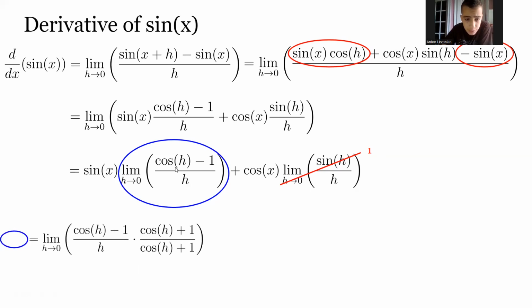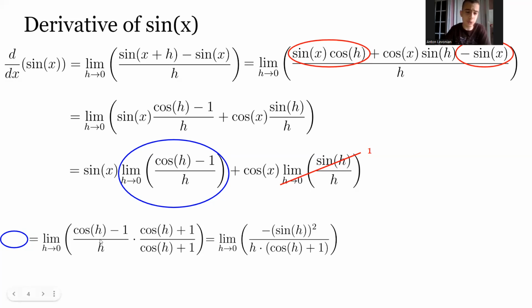Notice that this thing right here is an indeterminate form. That means that if you try direct substitution, plugging in h equals 0, we get 1 minus 1 over 0, which is 0 over 0. This is an indeterminate form. So a limit might exist, but we just can't find it yet. To deal with these types of forms, we can algebraically manipulate. For instance, we can multiply both the numerator and denominator by cosine of h plus 1.